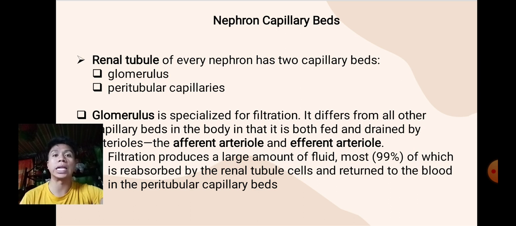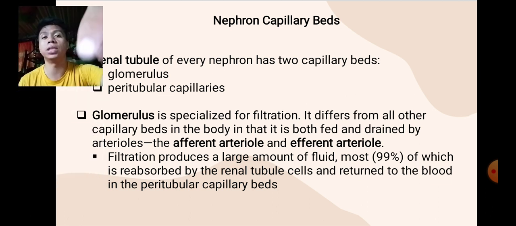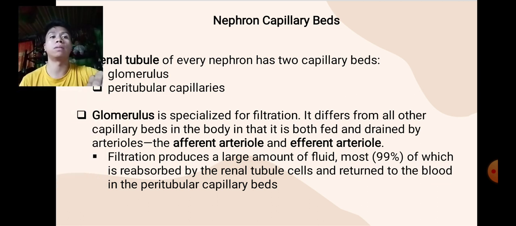Glomerulus is another term for this capillary bed. It differs from other capillary beds in the body in that it is both fed and drained by arterioles, the afferent moving towards and the efferent moving outward.